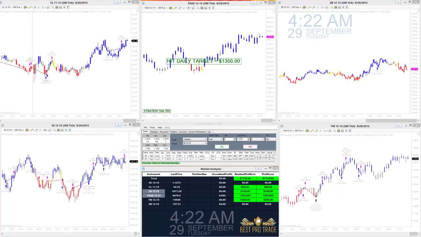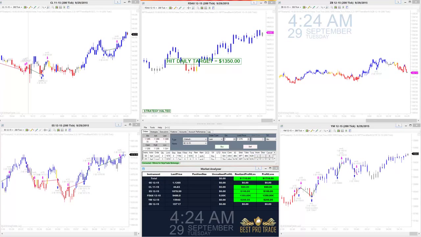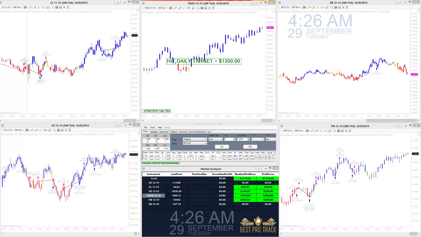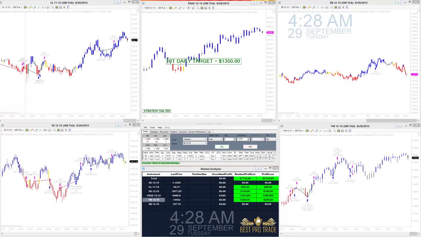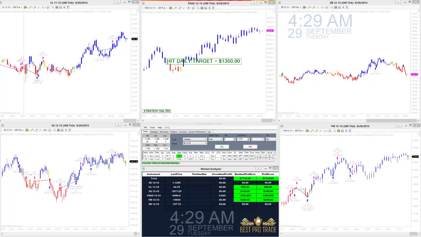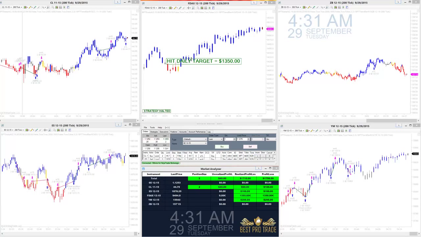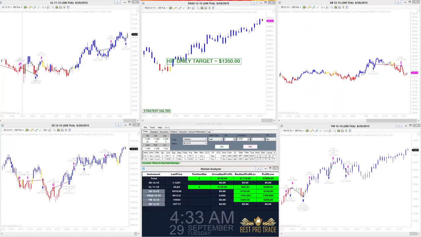But for traders who don't have that kind of money, they can keep their eye on the ES and the YM on a $5,000 account. Your margin is less than $1,000, and it is more realistic to trade the ES and the YM if you don't have, let's say, $10,000 or $15,000 in your account.